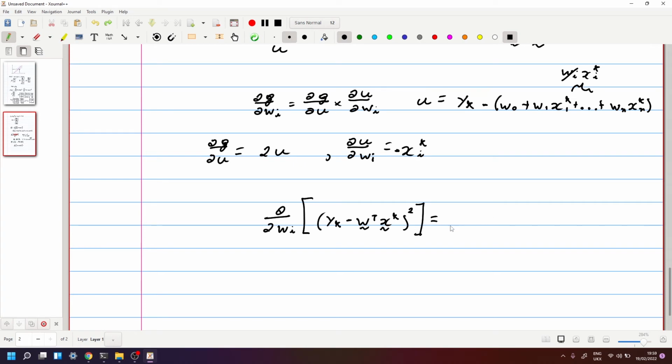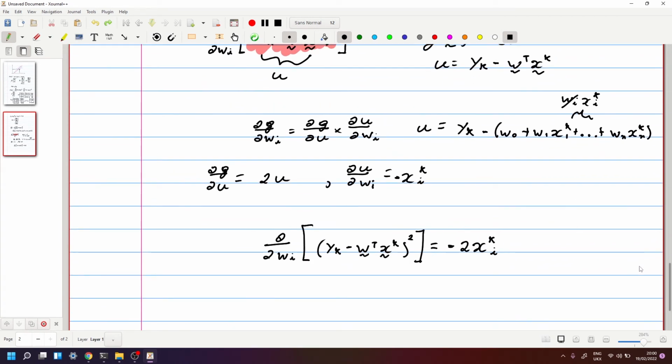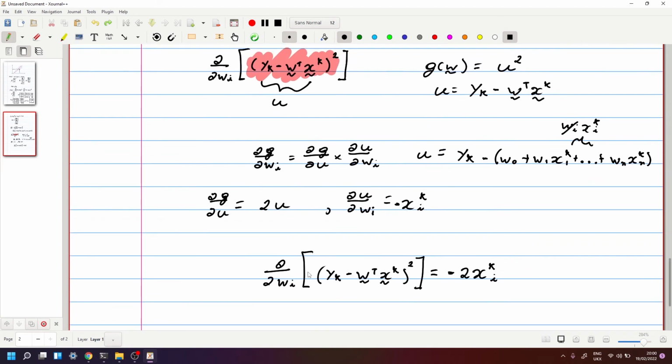In other words, if I just simplify things a little bit more as I go along, we have minus 2 x_ki, and then times u we would have here, but if we actually plug back what we had in the first place, u is equal to the bit inside. So what do we have there? We have the whole partial derivative is simply equal to this.